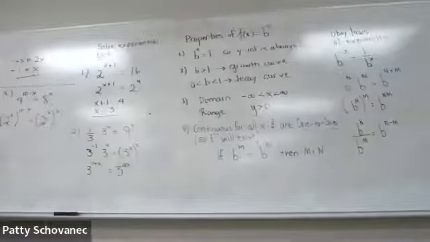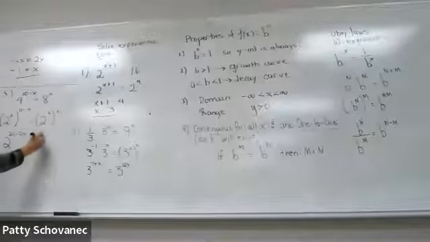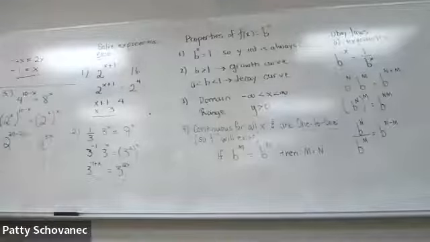And use the property that when you raise a power to a power, you multiply exponents. So the left-hand side, I'll have 2 to the 20 minus 2x. Distribute the 2 all the way through there. So 2 raised to the 20 minus 2x. And then over here, raise a power to a power by multiplying, and you get 2 to the 3x.